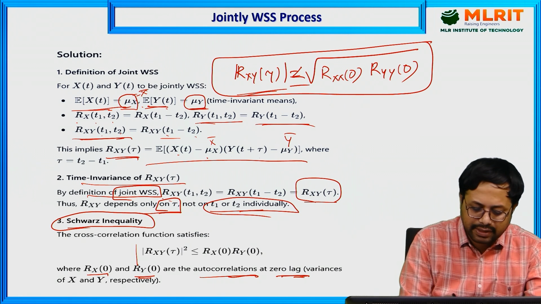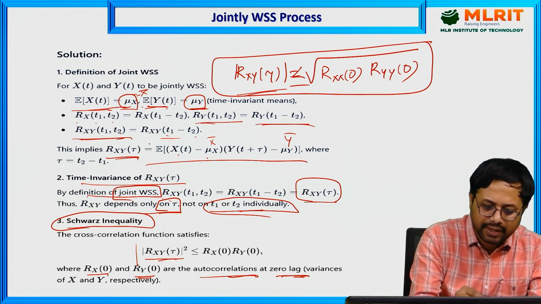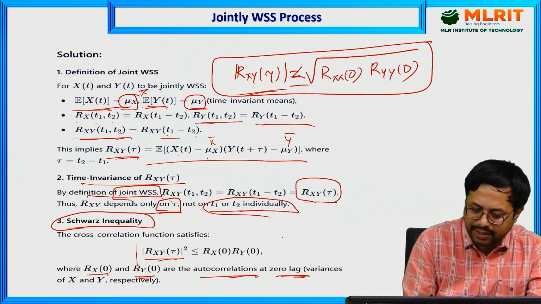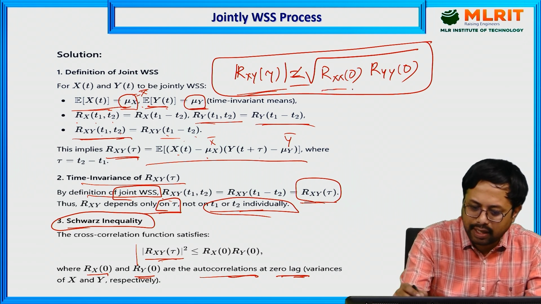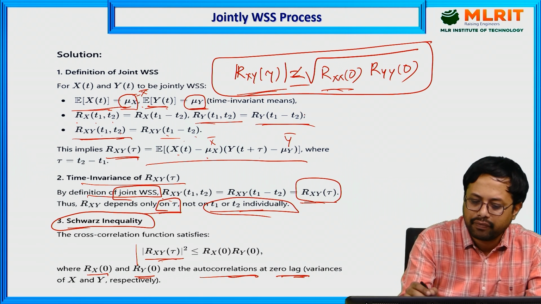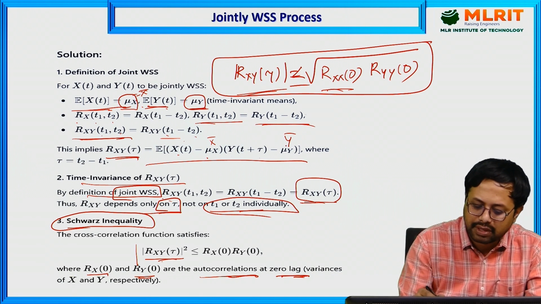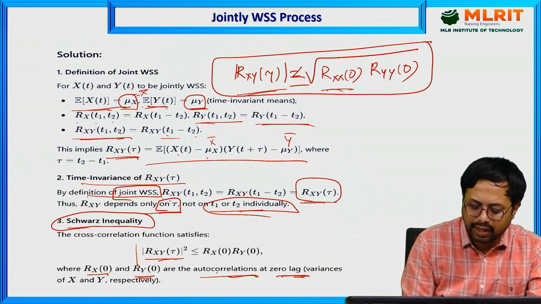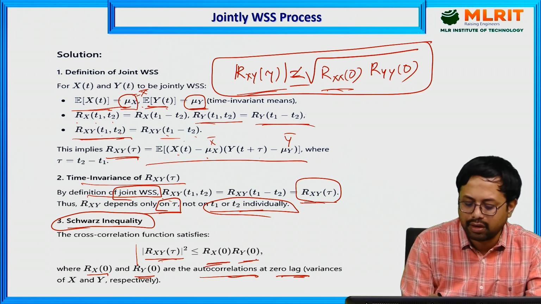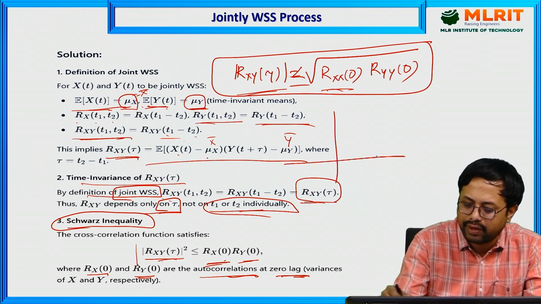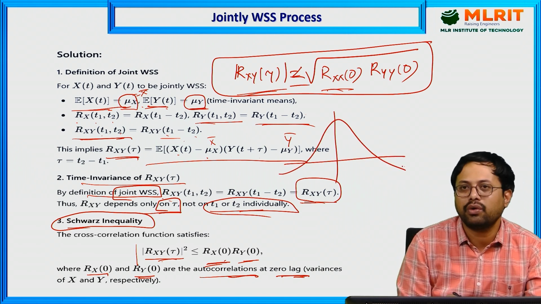Here we substitute tau equal to 0 in Rxx. Why are we taking Rxx of 0 at tau equal to 0? Because at tau equal to 0 the autocorrelation is maximum.